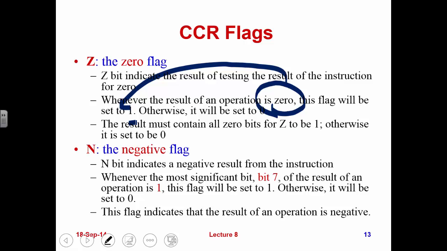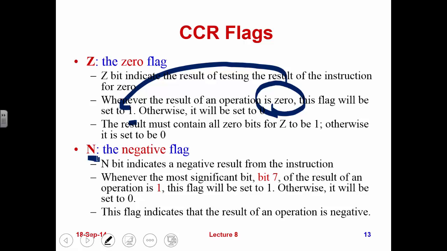Similar idea for negative number, N. If your operation produces a result which is negative, no matter whether you do addition, subtraction, or multiplication, if the final result happens to be a negative number, in other words the leftmost bit, the most significant bit, is 1, that means this number is negative.